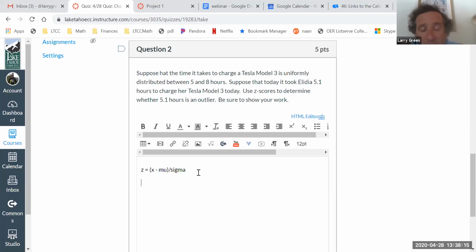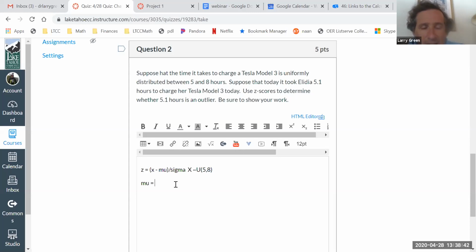So we need to find mu and sigma. When you have a uniformly distributed variable, and in fact, let's write that down. We can say x tilde U(5, 8). That means x is uniformly distributed with a low of 5 and a high of 8.